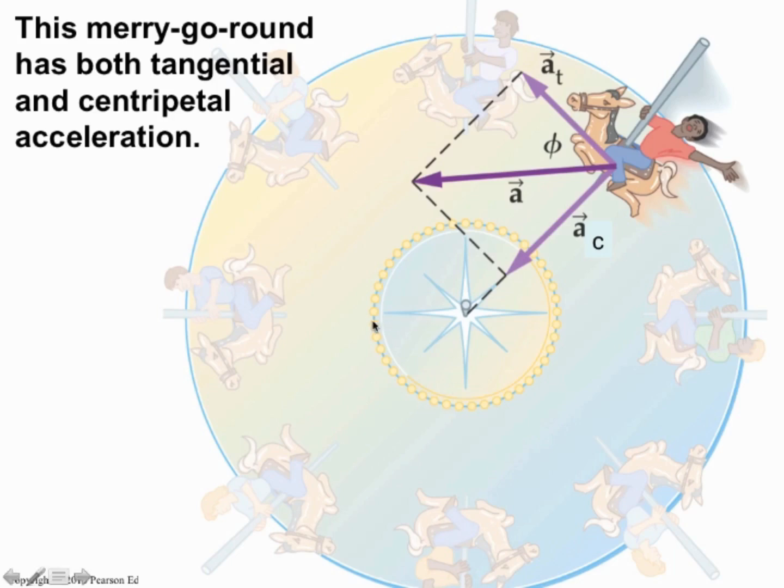And as you can see in this example, there's a centripetal acceleration, as there always is with circular motion, and that's our a sub c vector. We also have the tangential acceleration. And the darker purple vector, which would be called the total acceleration, is the resultant of these two components. We're not going to be worrying so much about the total acceleration, but the point of this slide is just to understand that an object moving in a circle can have both an a sub t and an a sub c.